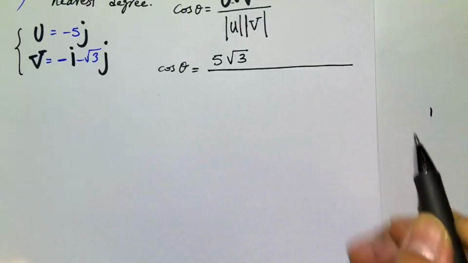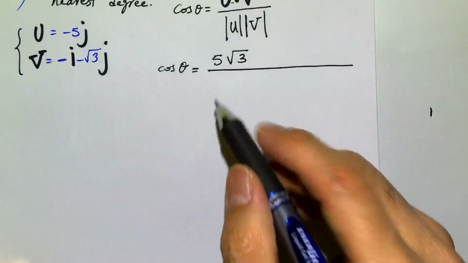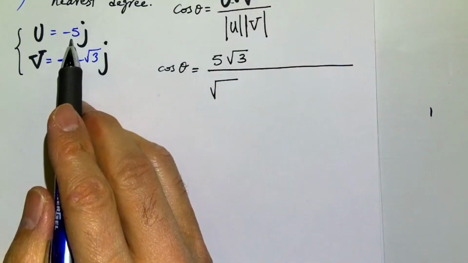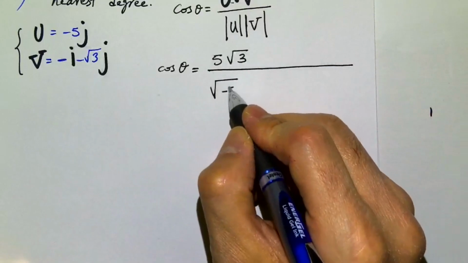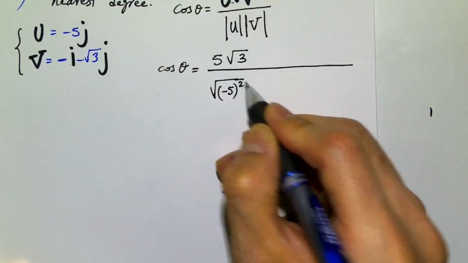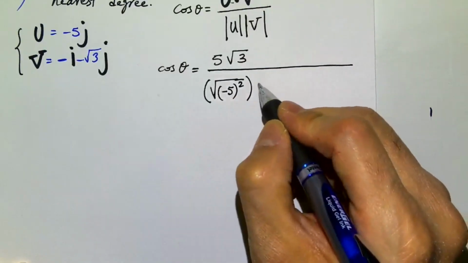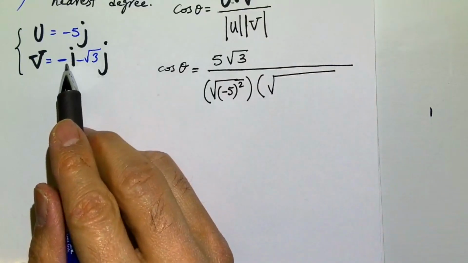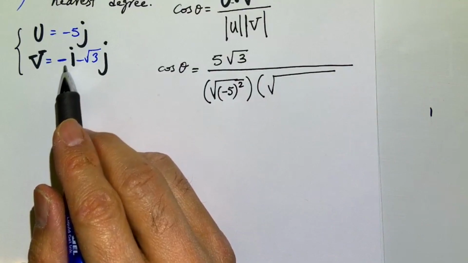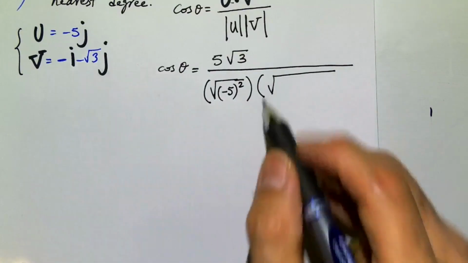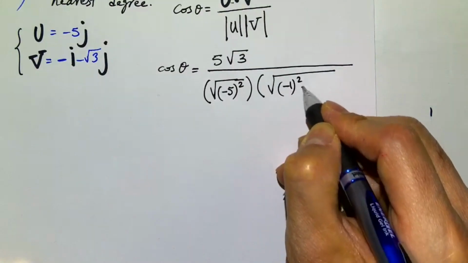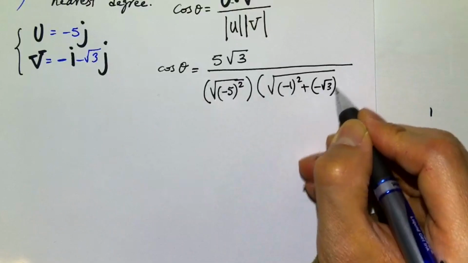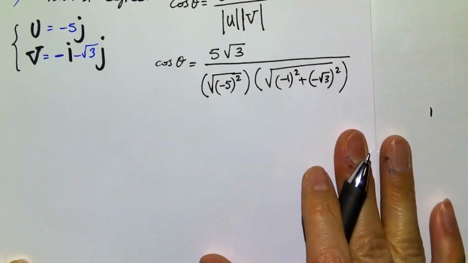Divided by the magnitude of u. What would that be? Because the i component is already 0, it's just the square root of negative 5 squared. That's all we have. Times the magnitude of v: the coefficient of the horizontal component is negative 1, so negative 1 squared plus negative square root of 3 squared, right?